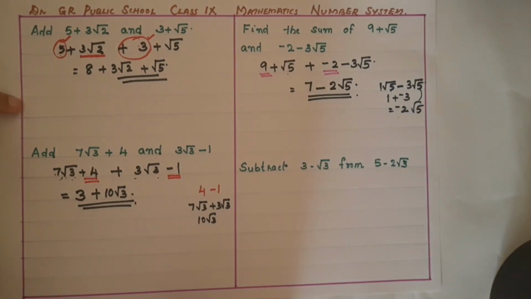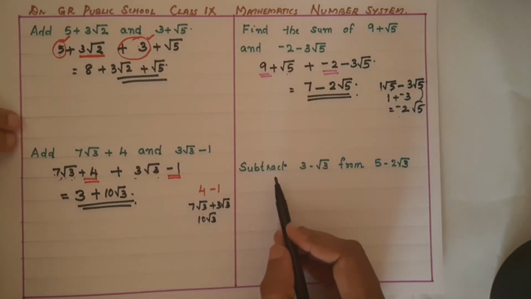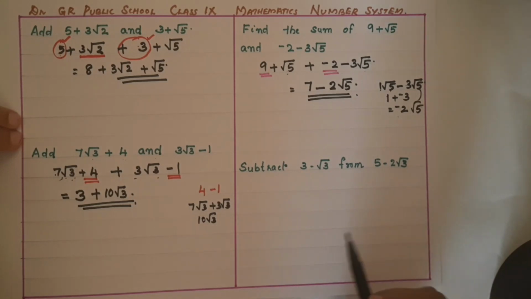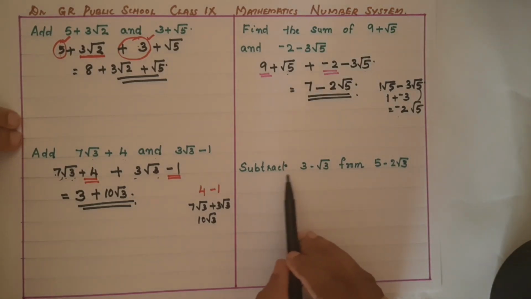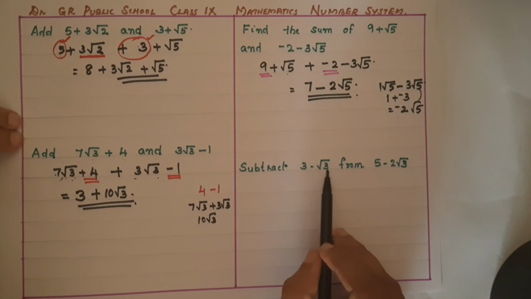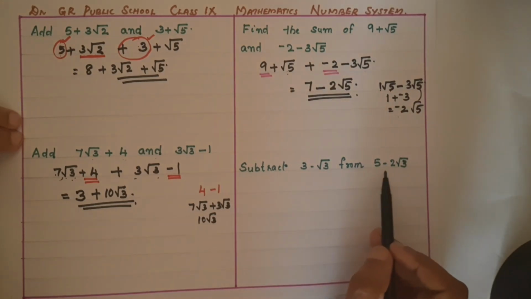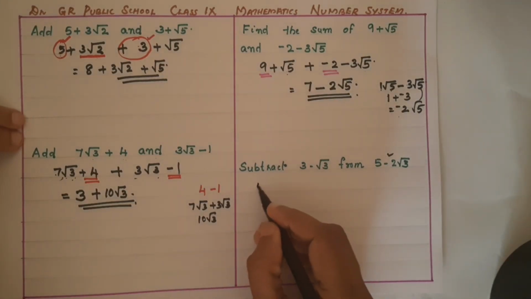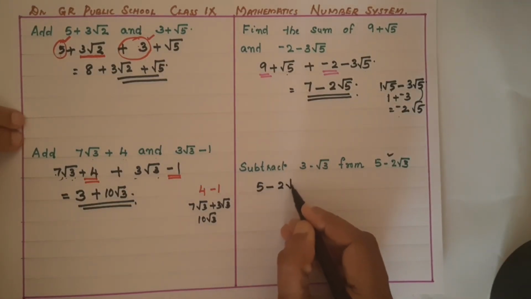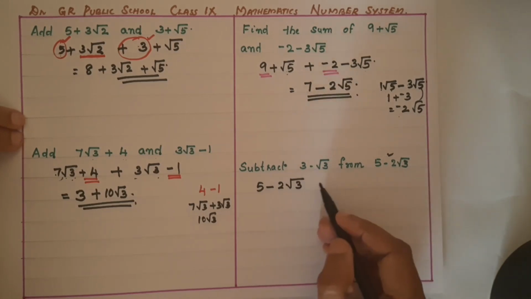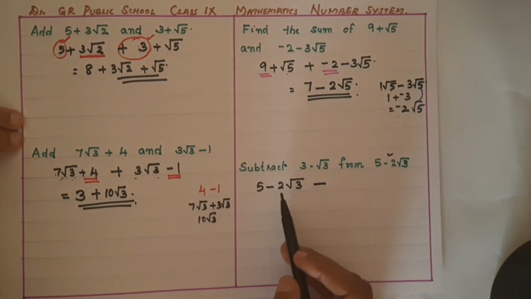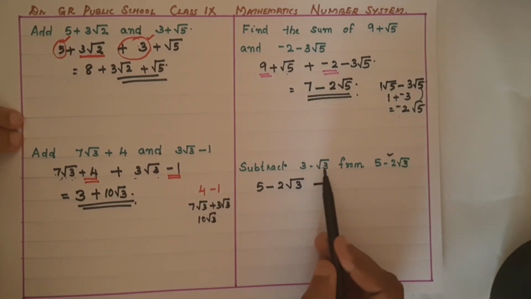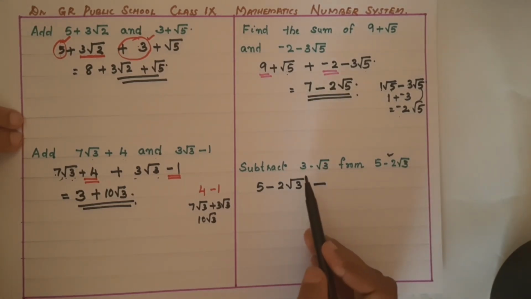Okay children. Now another question. Subtract 3 minus root 3 from 5 minus 2 root 3. So which one do we have to write first? This one, isn't it? So 5 minus 2 root 3, then minus. So here you have to remember one thing. Whenever we have more terms for subtraction, we have to put them inside the bracket.